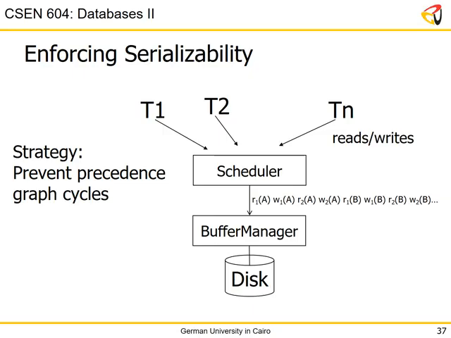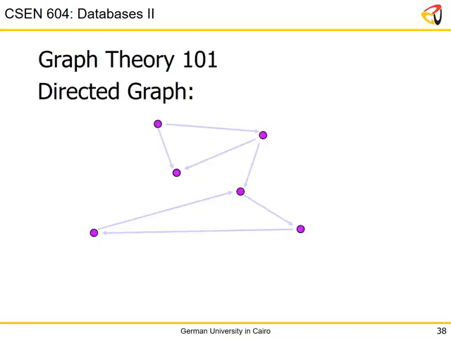Maybe when it appends this new transaction and does the swaps, it is not a conflict serializable schedule or a conflict equivalent schedule anymore. So it keeps constructing this graph as transactions arrive, and looks for cycles to make sure that it is conflict serializable.